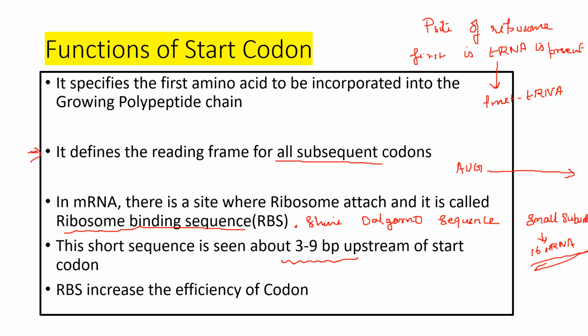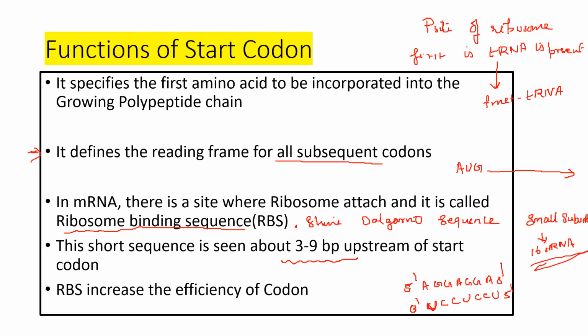So the sequence present in the Shine-Dalgarno sequence is like this: 5' AGGAGGA, like that. And this is complementary to the 16S rRNA, which you can write like this: UCCUCCU, like that.